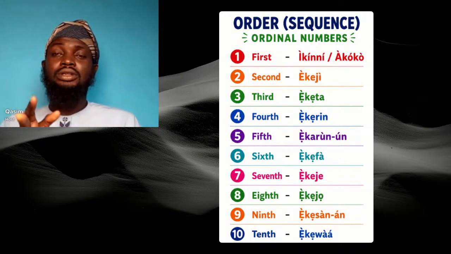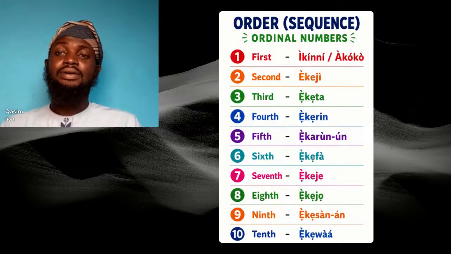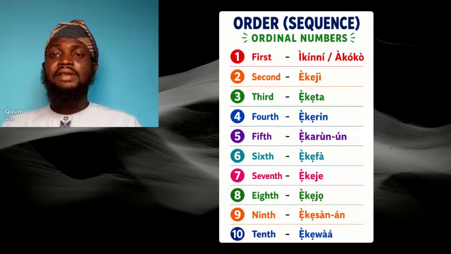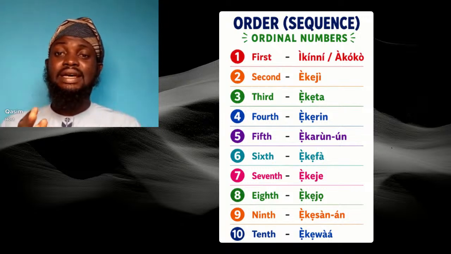Then we have third, which is ẹ̀kẹta. Then we have fourth, which is ẹ̀kẹrin. Fifth is ìkarùn-ún.